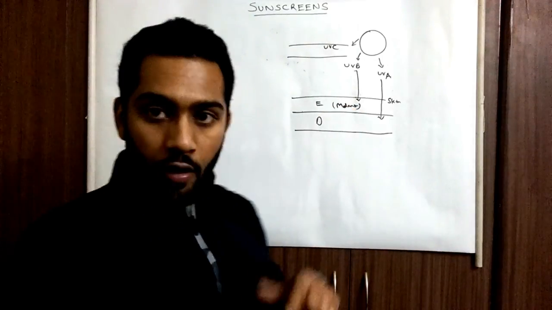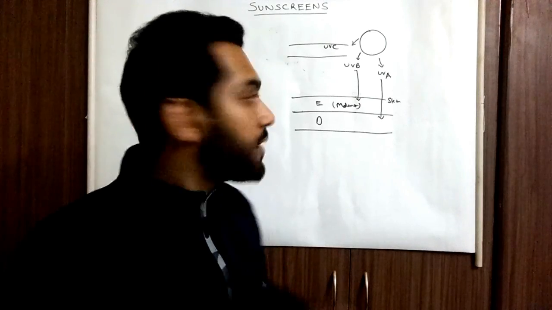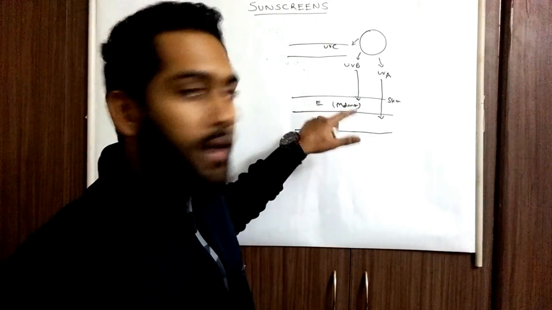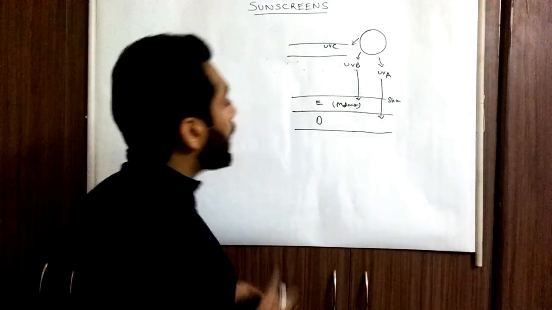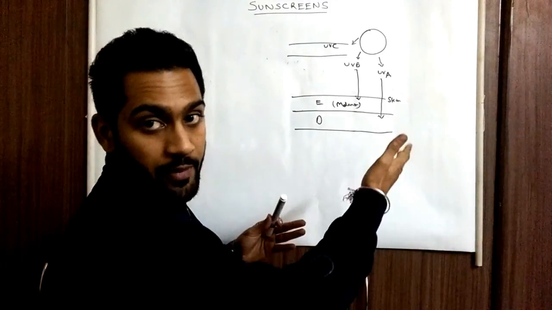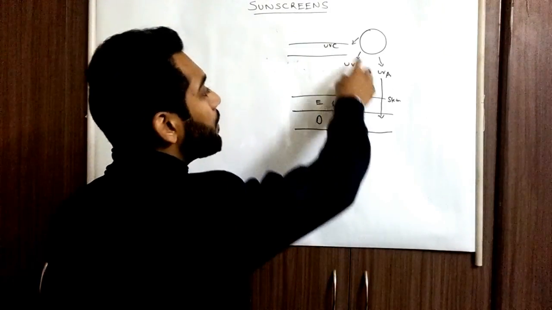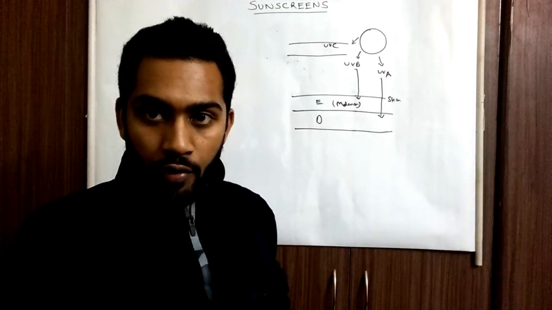That's why the color of the topmost layer gets changed, or the skin gets tanned. The more melanin produced in the epidermis, the more tan you will become. So against UVB, melanin is basically a natural sunscreen produced by the body. More melanin, more protection against UVB, but the darker your tone will get.